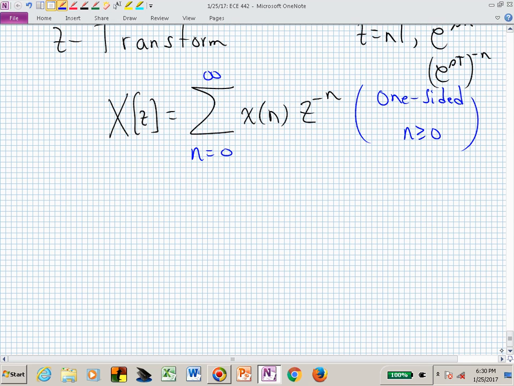Or we might have a Z-transform that's two-sided, which is now a sum from minus infinity to infinity, x of n, z to the minus n.